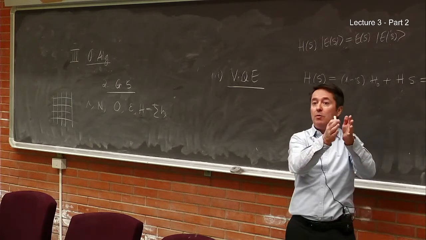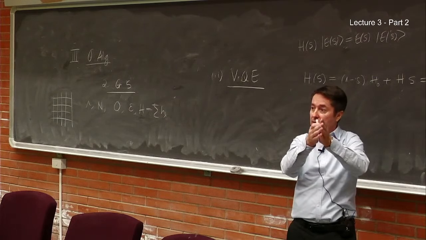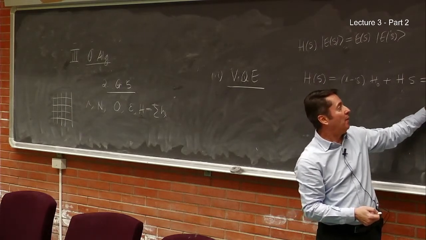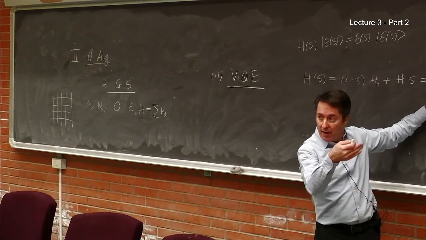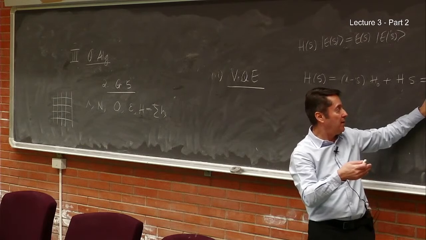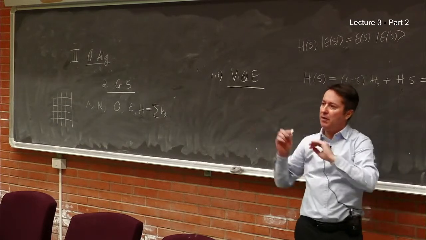And for that, you do this trotterization that I told you before. We divide it in small time steps. So you evolve a little bit with this Hamiltonian, trotterizing it, then a little bit with this Hamiltonian, and so on, trotterizing every time.